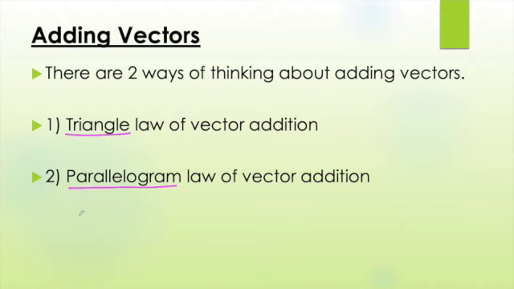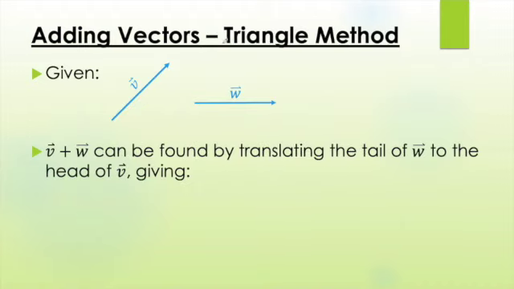So let's start with our triangle method for adding vectors, okay? So easiest is to be given an example. So if we're given our vector v, so it would be northeast, and our vector w, which is east, okay? V plus w, so adding them together, that's the sum, right?